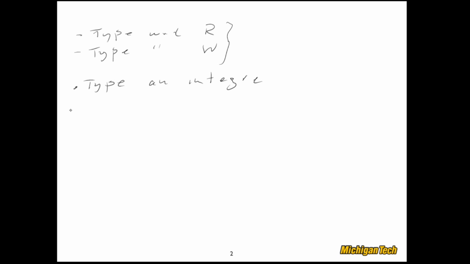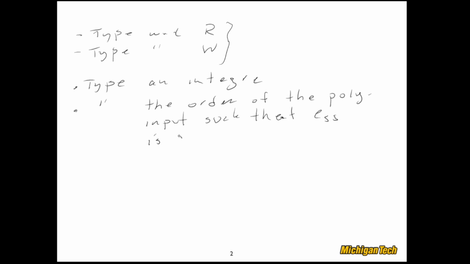So that's kind of nice, very compact in terms of information. And it's the order of the polynomial input such that the steady state error, we'll just abbreviate that as ESS, is a non-zero constant.